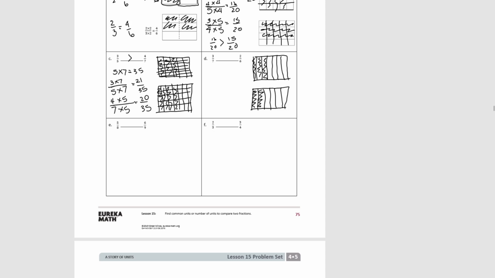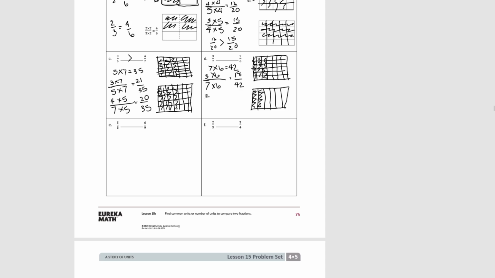Our new unit for our denominator will be 42nds. So we start with 3/7 and we want to end up with 42nds. So we're going to need to multiply by 6. So we'll get 18 42nds. In our area model, we're going to need to draw 6 equal size rows to show this. And if we count, we have 18 shaded units.